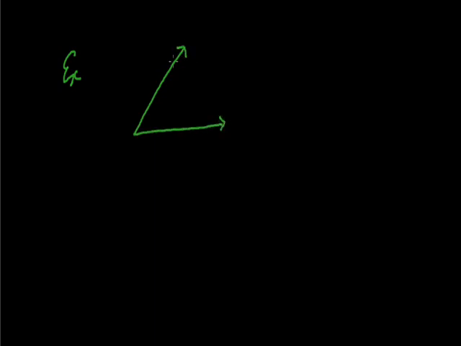its measure is ABC, its measure is let's say 60 degrees, and if I draw an angle bisector BD, BD is the angle bisector, and we know that the angle bisector divides the given angle into two equal parts.